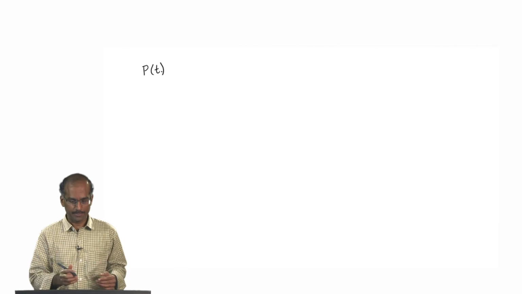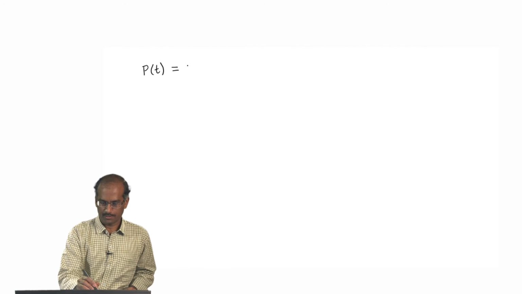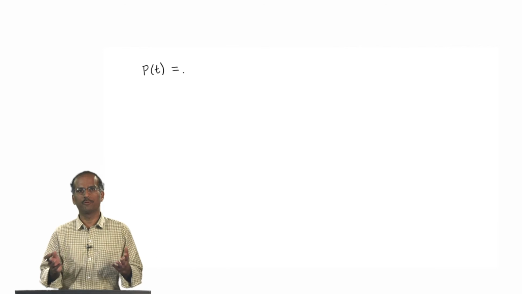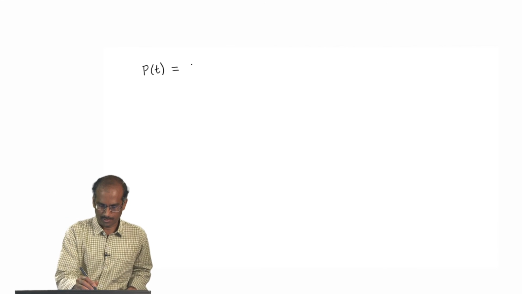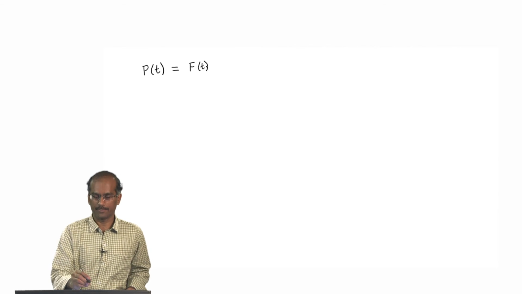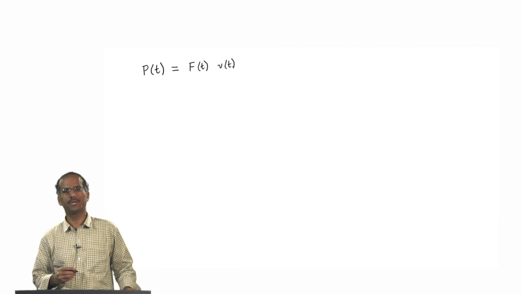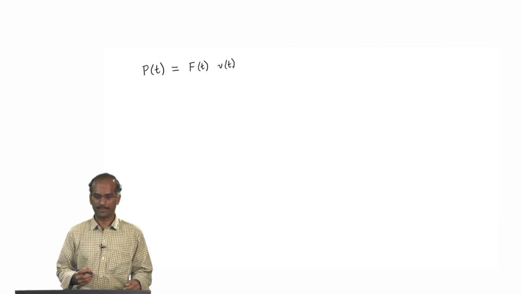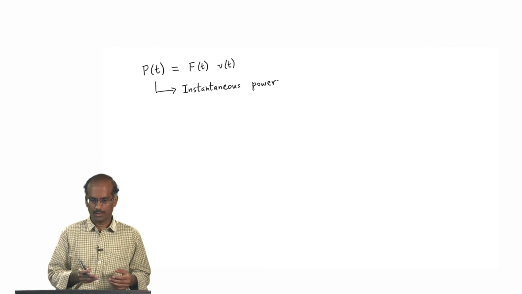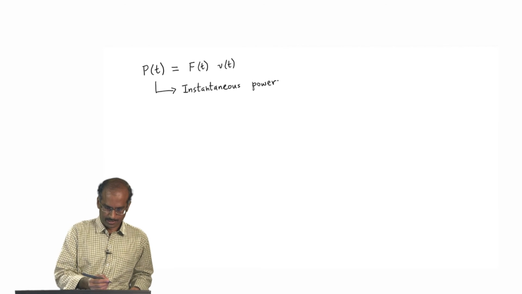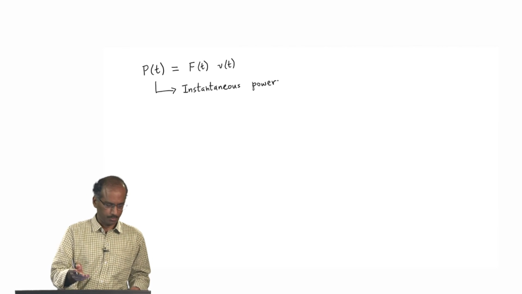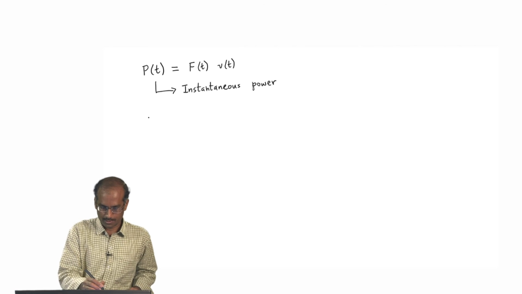So, the instantaneous power at time t would be force multiplied by the velocity. So, force imparted at time t and the velocity of the system at time t. Now, we know the quantities on the right hand side, we just need to put them together here.